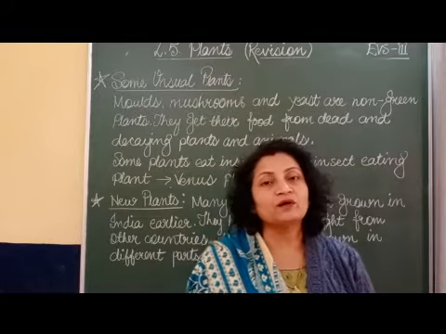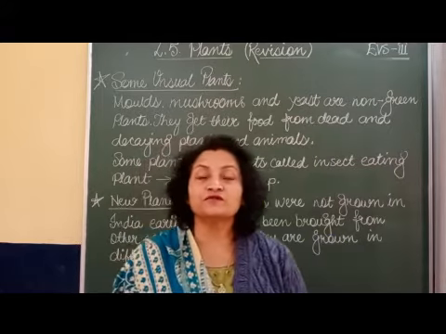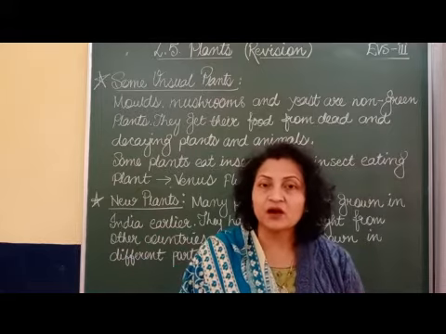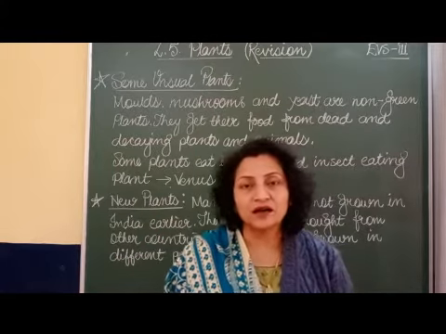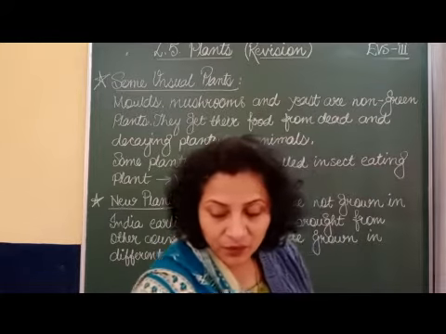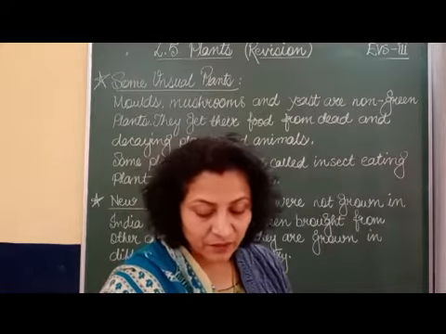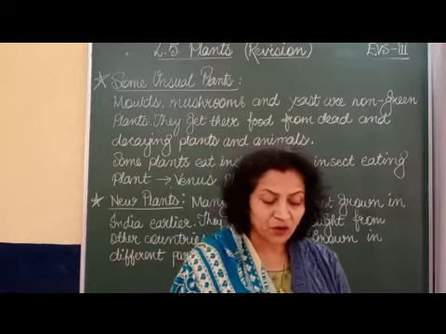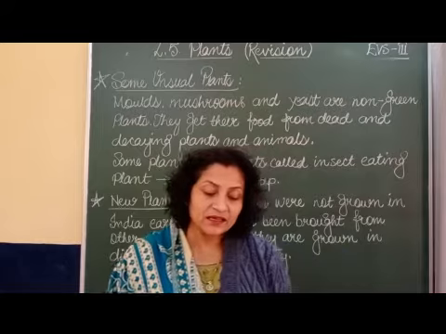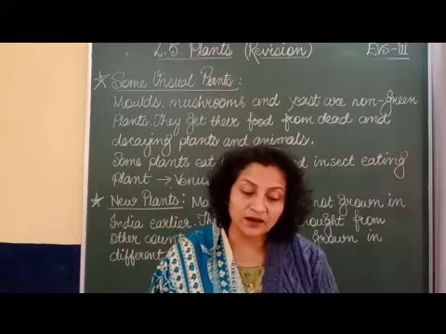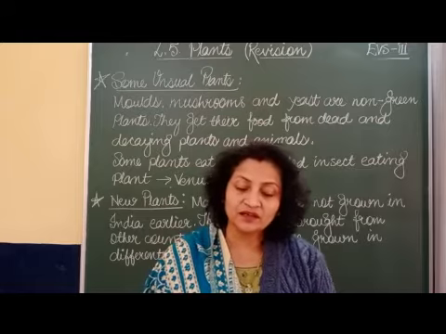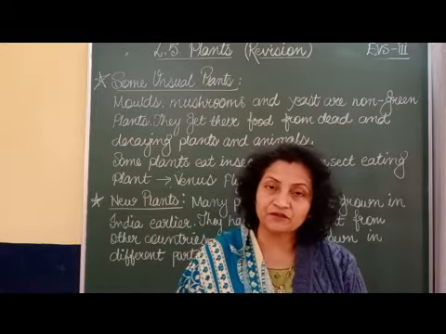Now we will talk about some plants which were not found in India in previous days. Now in many parts of our country they are grown. Let us see what they are. In your book, some plants are given which were not found long back in our country. Lychee has come from China, kiwi has come from New Zealand, and kinau has come from California.